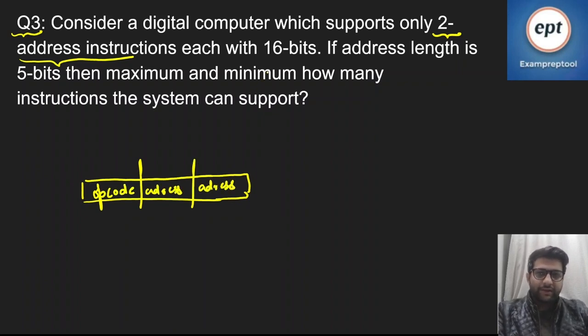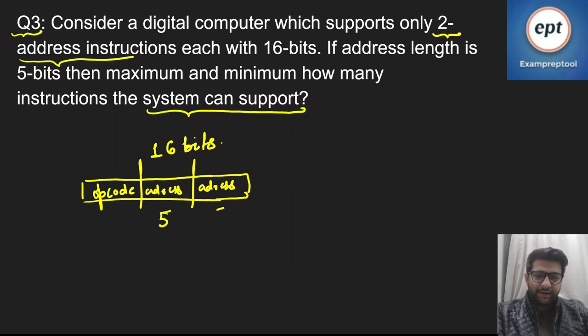Now it is saying only two-address instructions, each with 16 bits. So the length of the instruction is given as 16 bits. Now if the address length is 5 bits, then what are the maximum and the minimum number of instructions that the system can support?